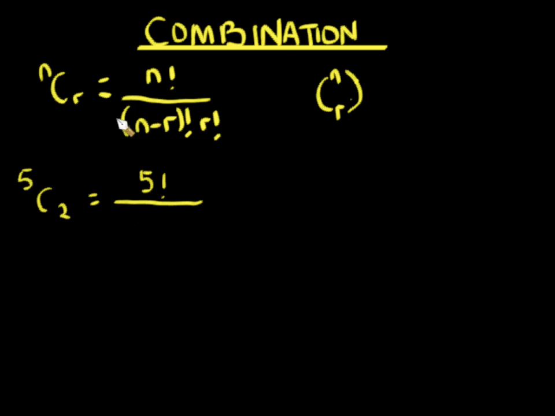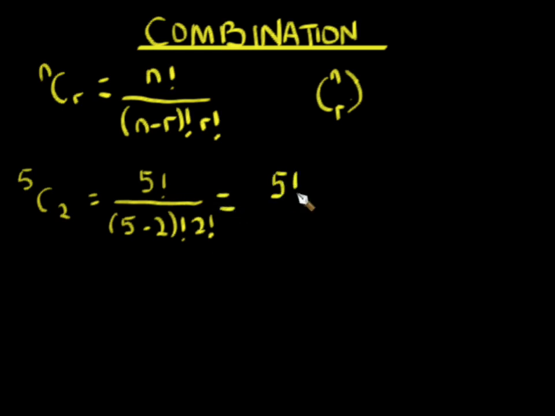Now the formula says n minus r factorial, so that would be 5 minus 2 factorial, multiplied by r factorial. Now 2 represents r, so that will give us 2 factorial. Let's take the difference at the denominator and let's see how it goes.